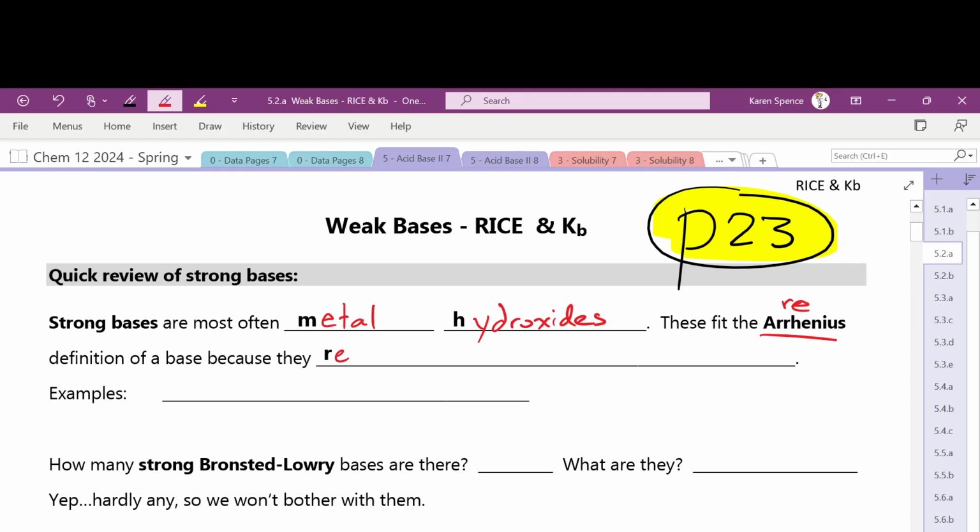So they release OH minus ions in solution. What are some examples of these metal hydroxides? NaOH, LiOH, Sr(OH)2.